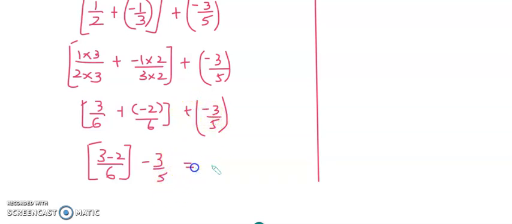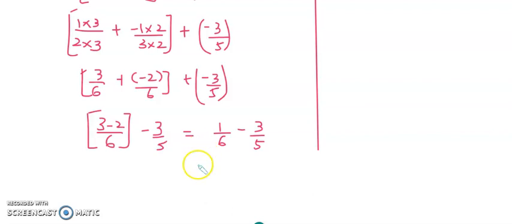So this will give me what? 1 over 6 minus 3 over 5. So what's the LCM right now? 30, right? So I'll multiply 1 by 6 by 5 and this by 6. So I'll get 5 minus 18 by 30, which is going to give me a minus 13 by 30. Okay.